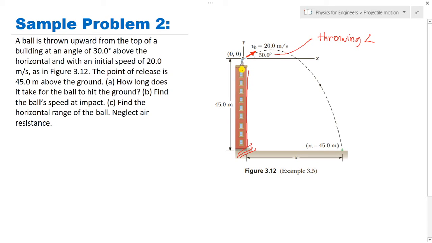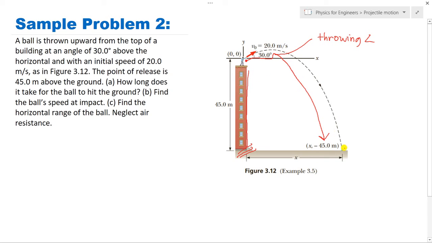Then, we have 3 questions. The first one is, how long does it take for the ball to hit the ground? Therefore, it pertains to the time from this position going to the maximum height, then going down. Then B, find the ball speed at impact.